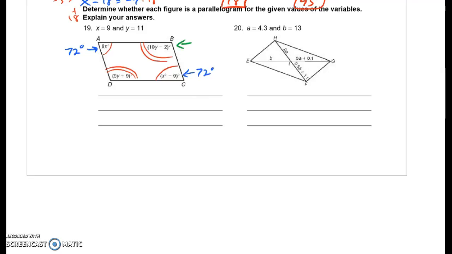Here. 10 times 11 is 110, minus 2 is 108 degrees. Now we're plugging in y into here. We get 99 plus 9, which is 108.